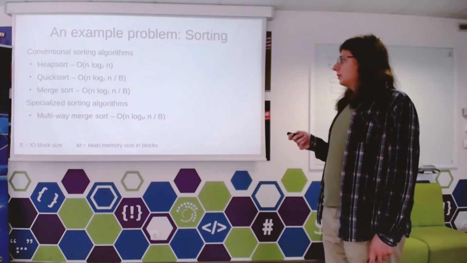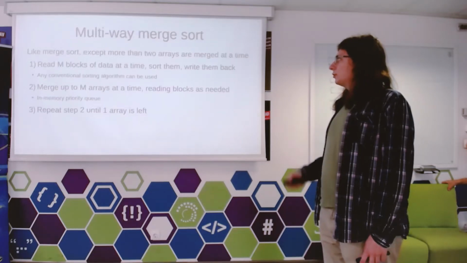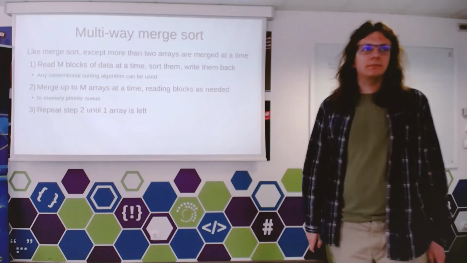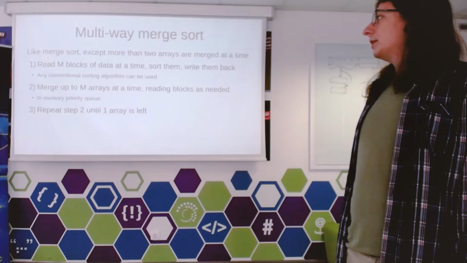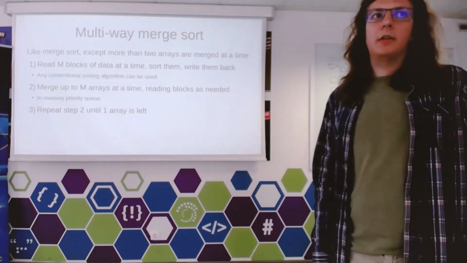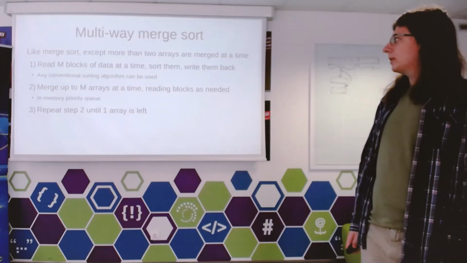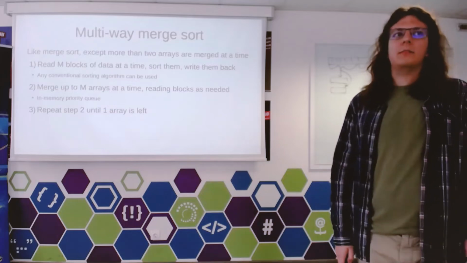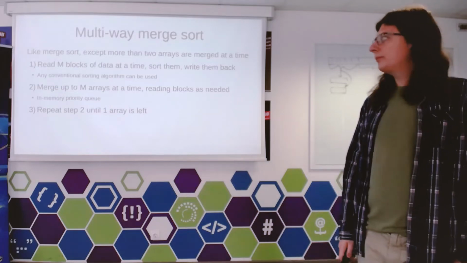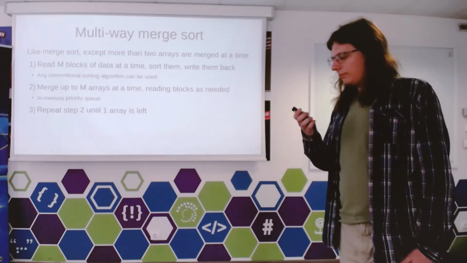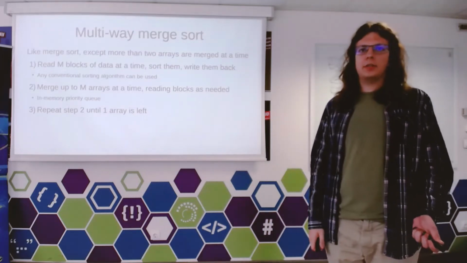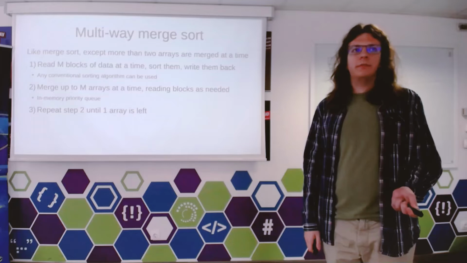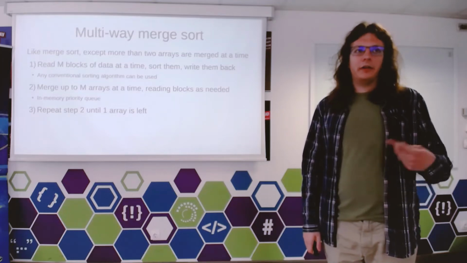The algorithm is multi-way merge sort, but the way it works is quite simple. We start by reading as much data as we can fit in memory, and we sort it in memory. It doesn't really matter what algorithm we use. What this effectively means is that we skip the first few iterations of having to read and write to disk.